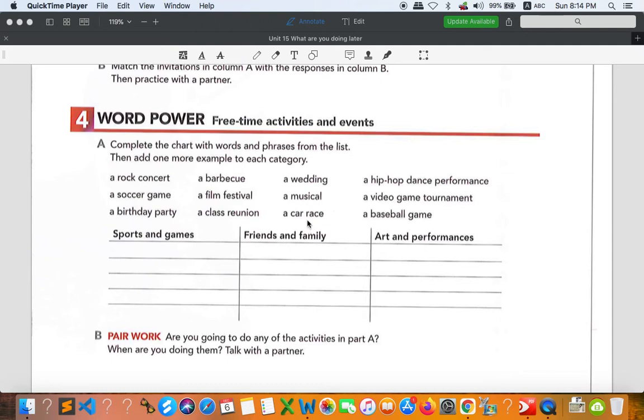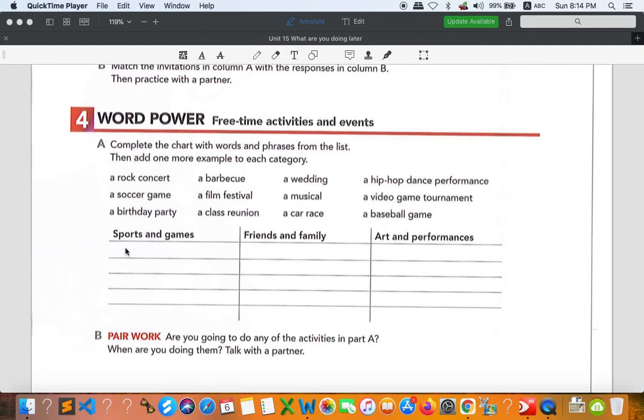A car race is competition of sports and games, so we'll put it right here. A hip hop dance performance is performance, so we'll put it right here. Art and performances. A video game tournament. A video game tournament is a video game competition, so it will go with sports and games right here. A baseball game is sports and games.